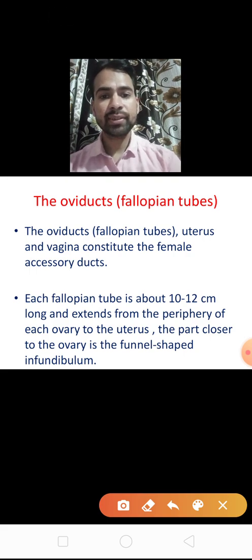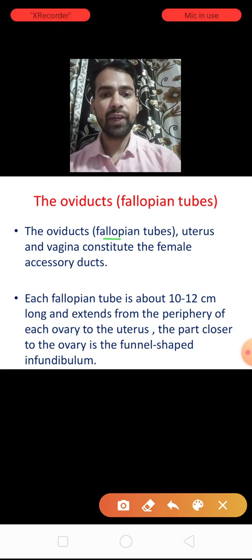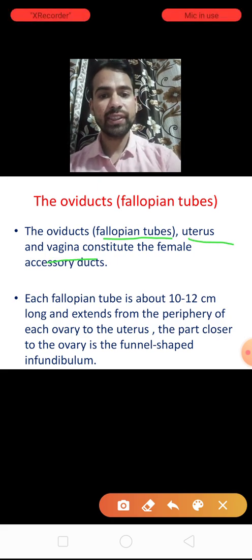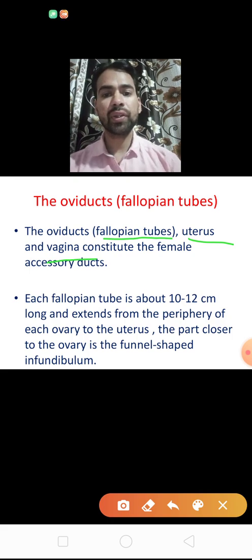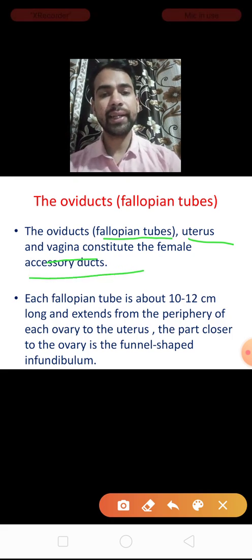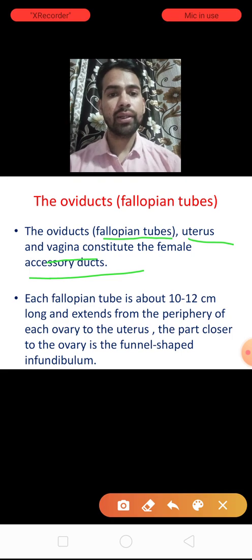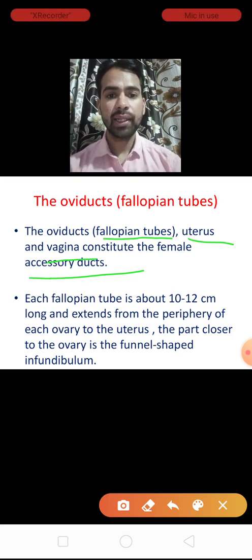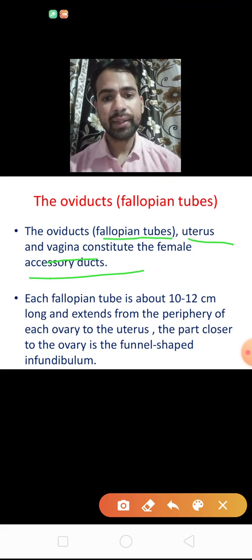The oviducts, that is fallopian tubes, uterus, and vagina constitute the female accessory ducts. Okay, so the oviduct, uterus and vagina are also known as the female accessory ducts.